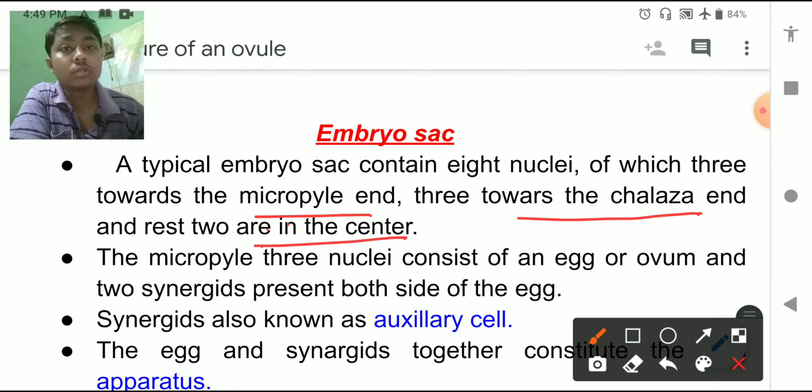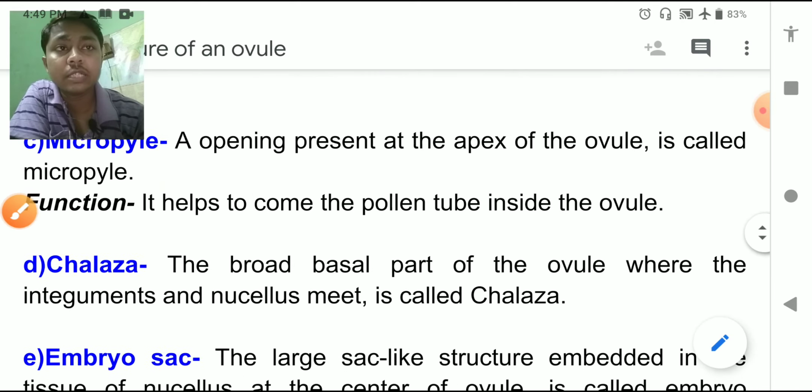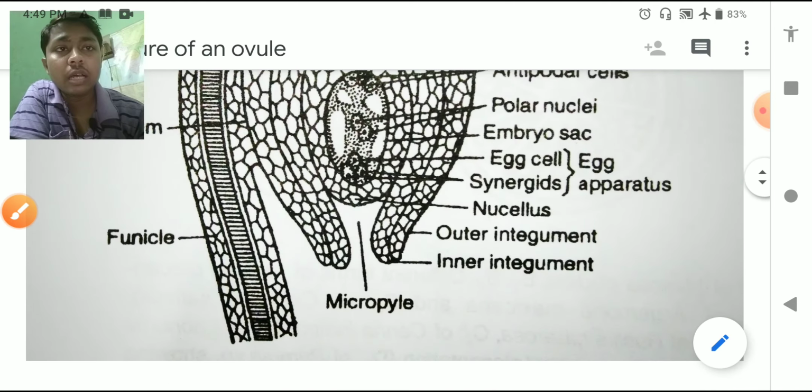Out of the 3 nuclei at the micropylar end, one nucleus is called the egg or ovum, and the other 2 are called synergids. The synergids are always present beside the egg cell. If we look at the picture, it is clear.